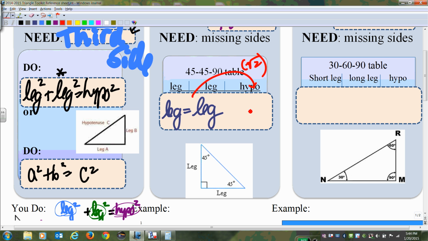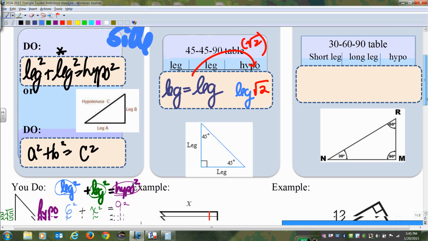And the hypo is whatever the leg is times the square root of 2. So 45, 45, 90: leg, leg, leg root 2. Now let's do an example problem together.